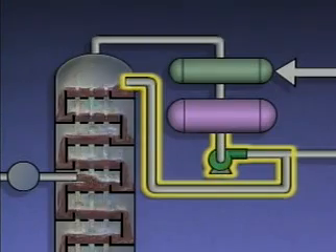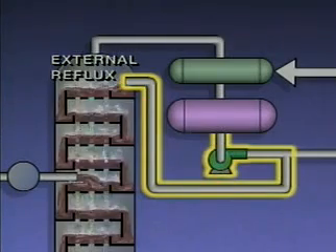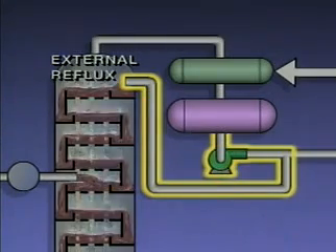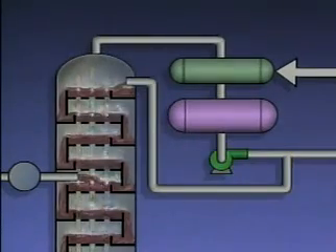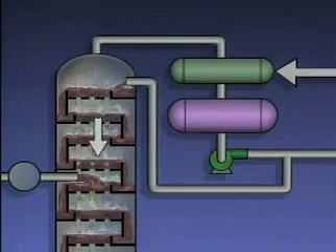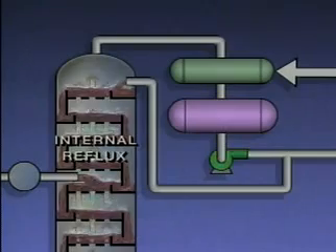The liquid that's reintroduced into the tower is called external reflux. Because it consists of liquid that was cooled in the condenser, the external reflux is cooler than the liquid in the top of the tower. As the external reflux cools the top of the tower, vapors made of heavier fractions condense. The liquid made of heavier fractions flows down the tower and is referred to as internal reflux.